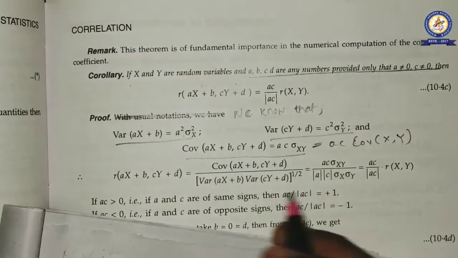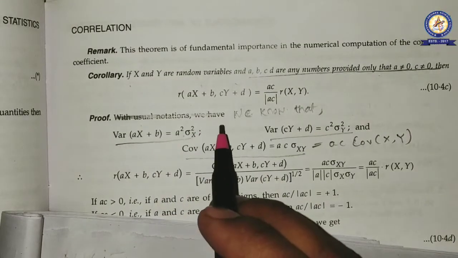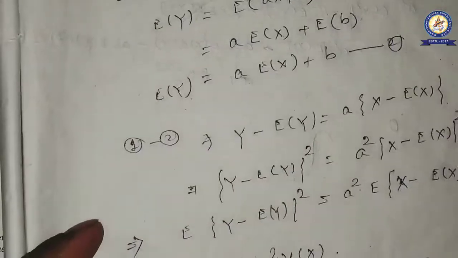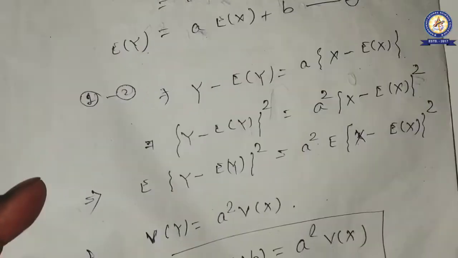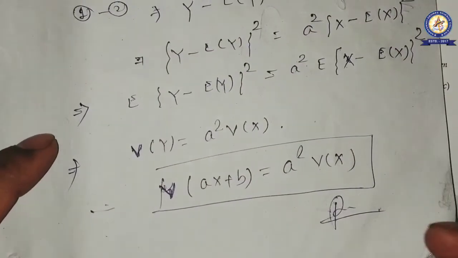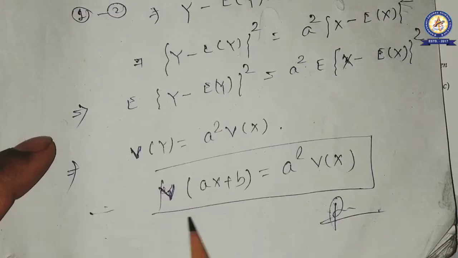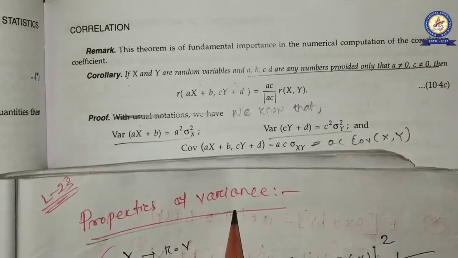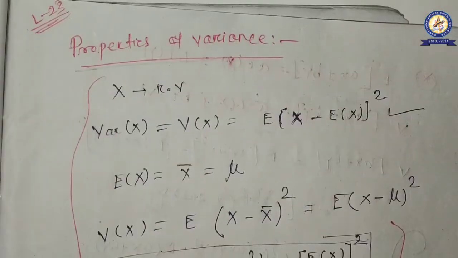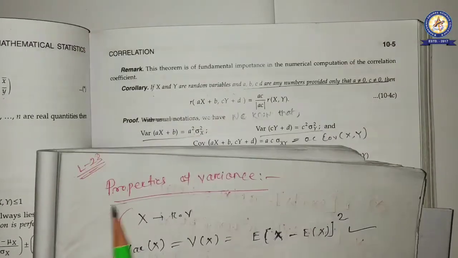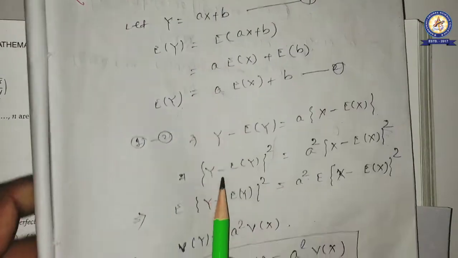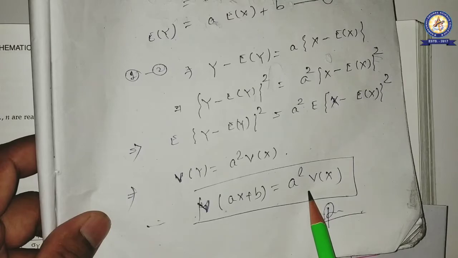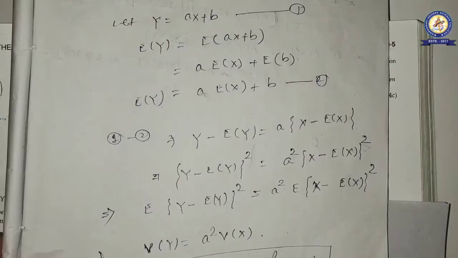This we already studied in our previous offline classes. Just check your notes, when we discussed properties of variance, we studied that variance of ax plus b equals a square into variance of x.